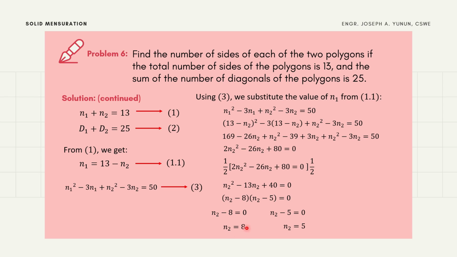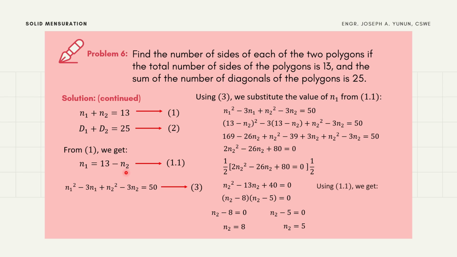So let's use equation 1, or 1.1, determining n1. If my answer is negative for n1, that value for n2 will be eliminated. Otherwise, if positive, it could be accepted.